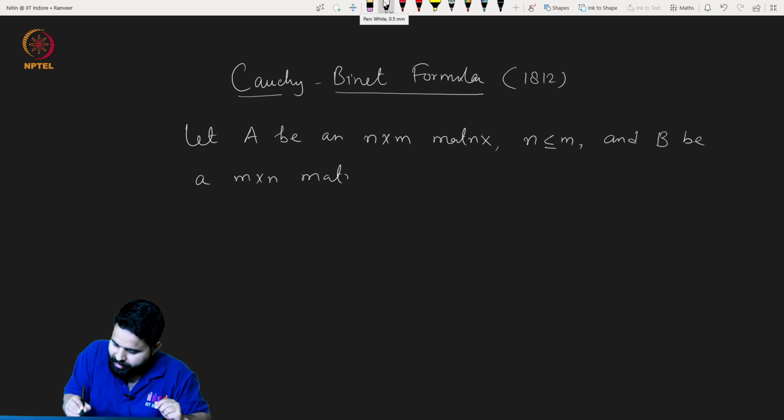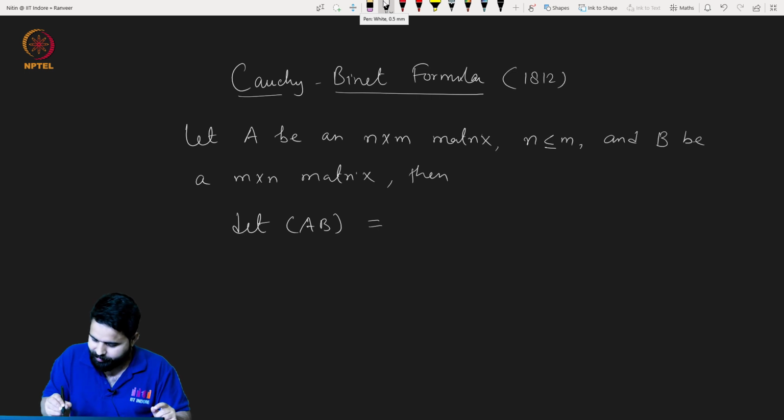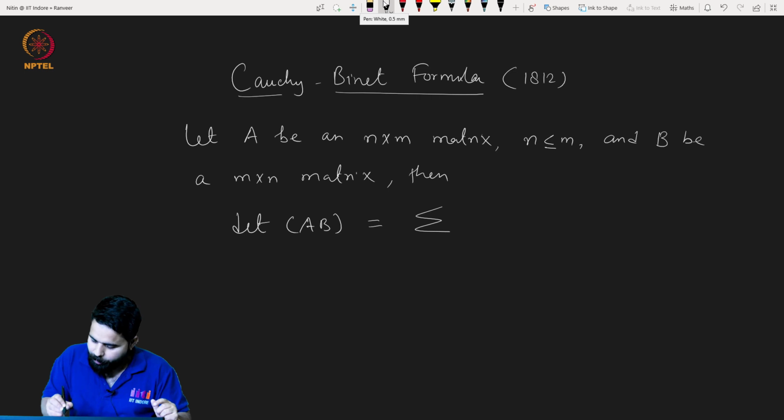Then the determinant of their product is given by the following. You take all possible subsets t of 1 up to m such that the cardinality of this set is n.